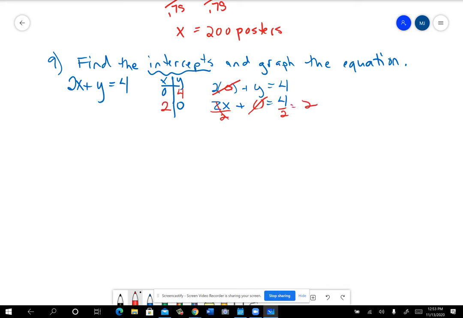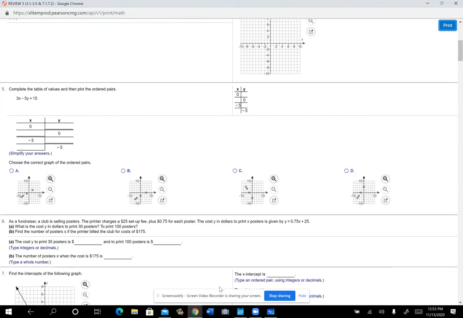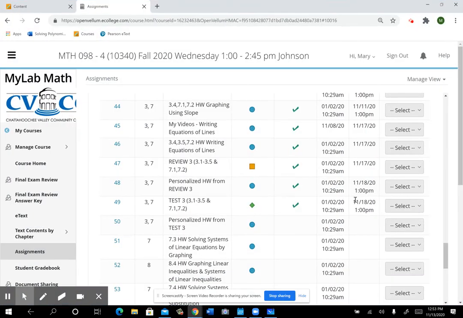Then it asked me to go on and use the graphing tool. This is one of the first times we've used the graphing tool. So let me go into the assignment. No, that's the printed version. Let me go to the one where I actually work them out.